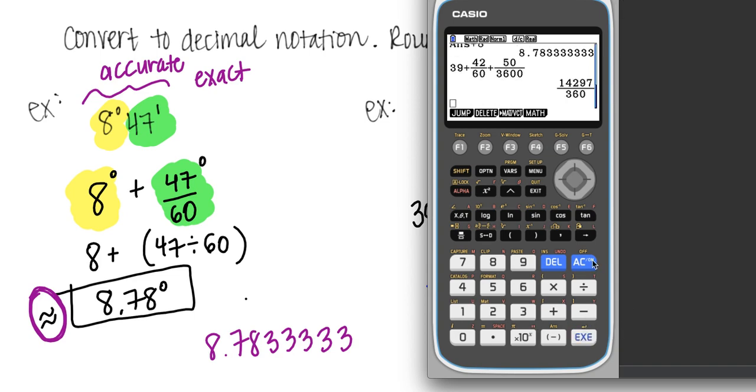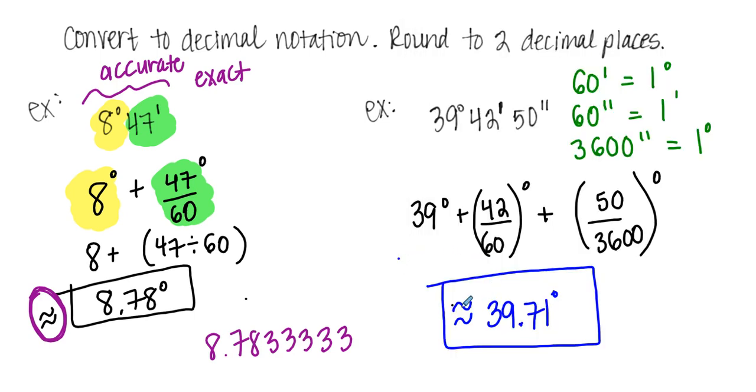We press enter, and my calculator will make it a fraction, but I'm going to hit this button here that's going to turn it to a decimal. And you can see that we've got a decimal that never ends. It's 39.7138 repeating. So we're going to have to approximate that, and that's why I use the approximation symbol, 39.71 degrees.